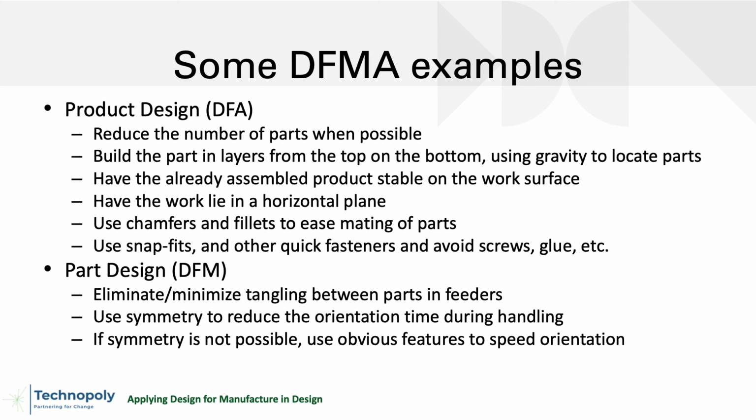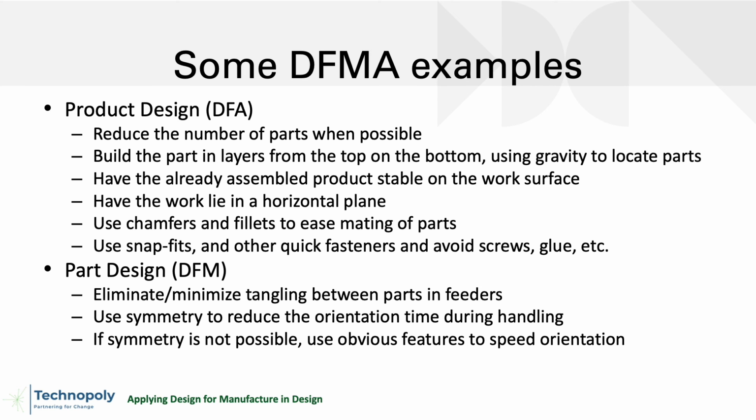We can have the work lie on a horizontal plane so people can see the parts and easily put them together. We can use chamfers and fillets to ease the mating of the parts, meaning how you can put them together or mold them together or essentially stick them together. You can use snap fits for easy fasteners. Avoid the screws, avoid the glues.